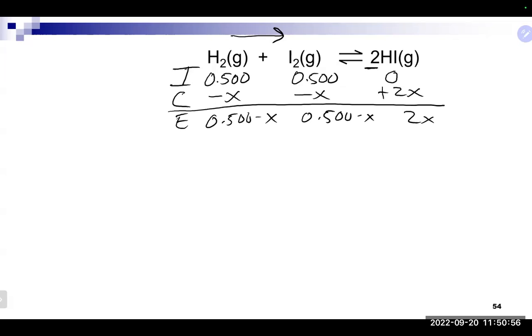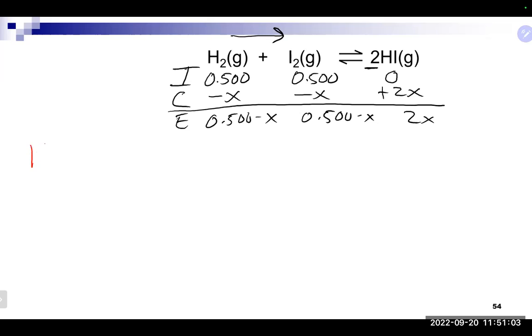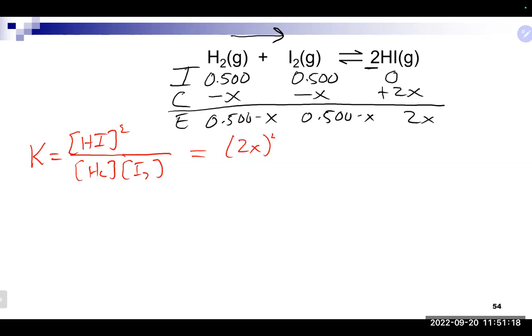Remember that really the goal here is to solve for x, which represents the change in these tables. So we're going to put that into the expression we just wrote on the previous page. Putting our equilibrium values in there gets us 2x squared divided by 0.5 minus x times 0.5 minus x, and that will equal 54.3.